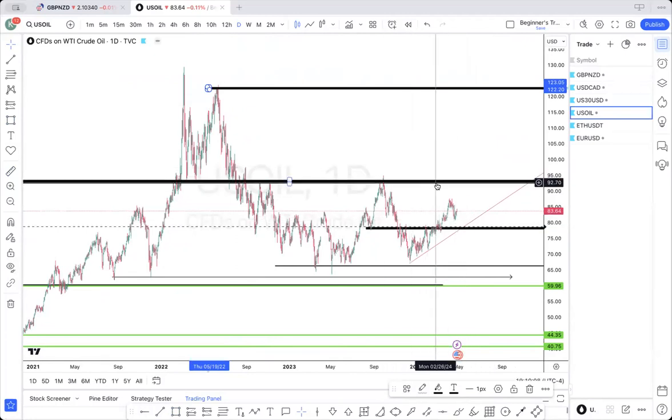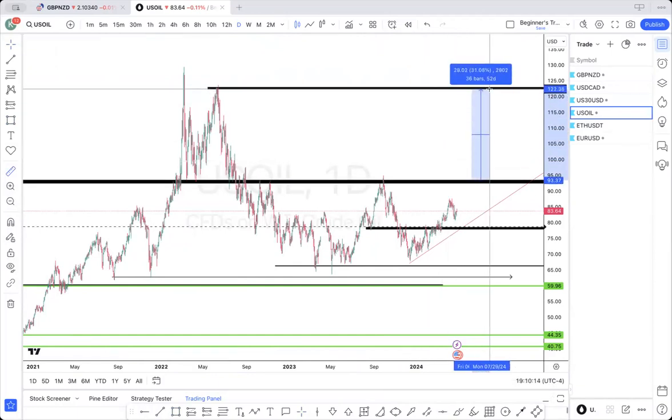So once it breaks this key level, you can bet that it's going up to here. Price initially pushed down, tapped into this key level and broke back down.